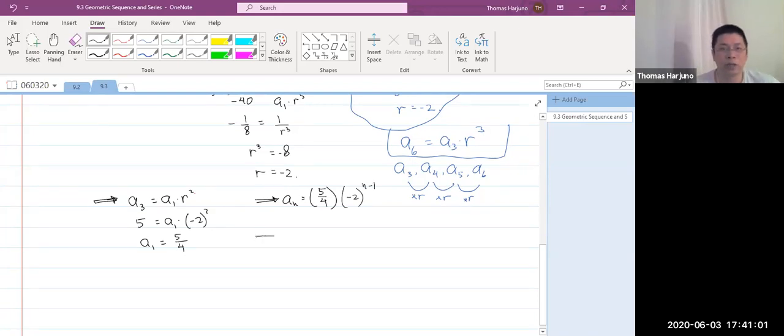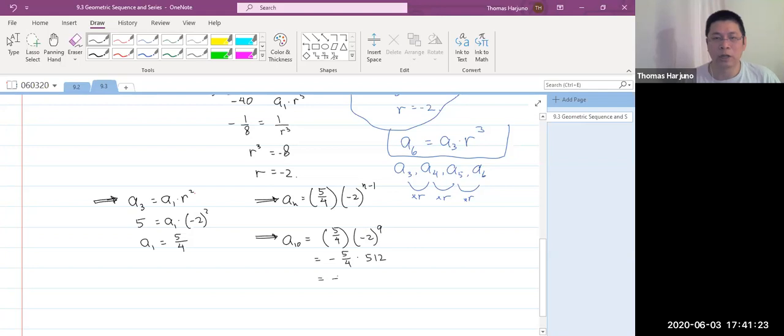Using that, I can find the 10th term: 5 over 4 times negative 2 to the 9, which is negative 5 over 4 times 512. That's negative 128 times 5, or negative 640.